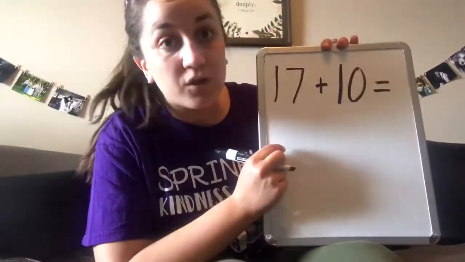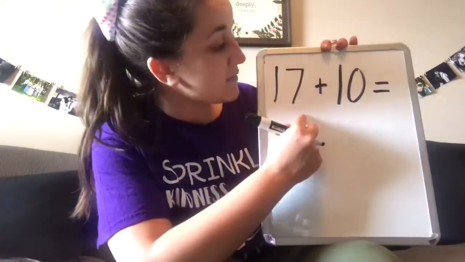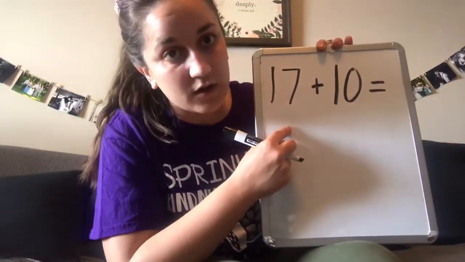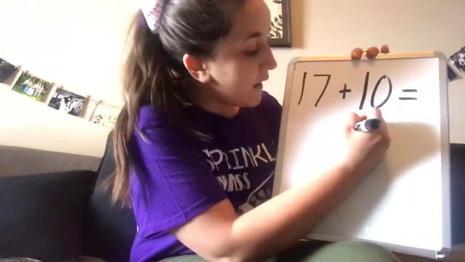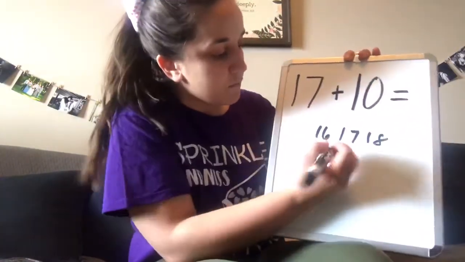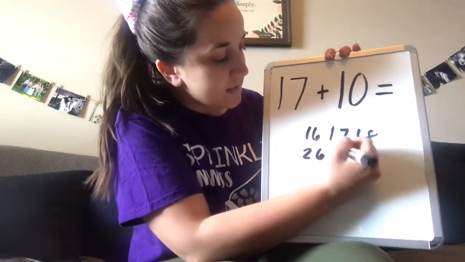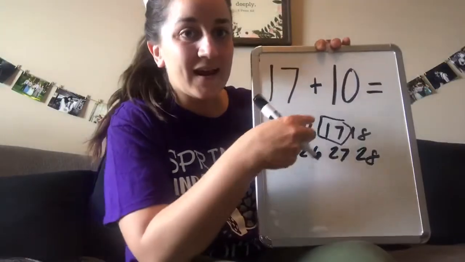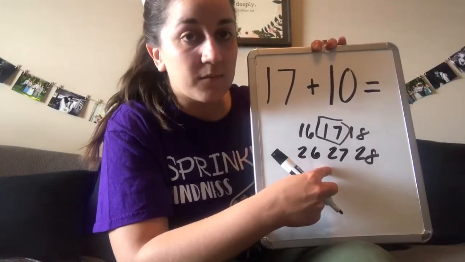So this one should be pretty easy for you. You have 17 plus 10. For me, I start with 17. That's easier. If I go to my number grid, I'd have something that would look like this. I'd have 16, 17, 18, and I have some more numbers. And then I'd go down to 26, 27, 28. I start at 17, and I hop down 10 because I'm adding 10.